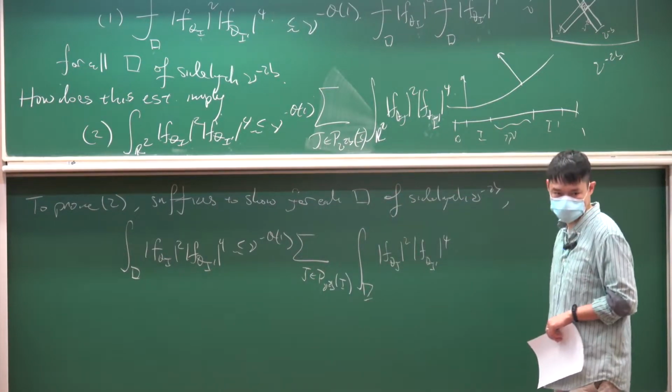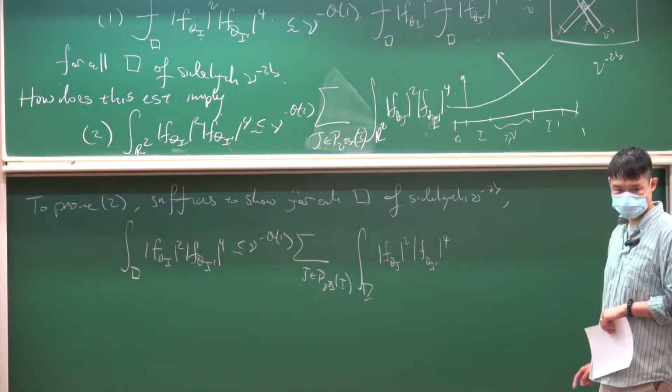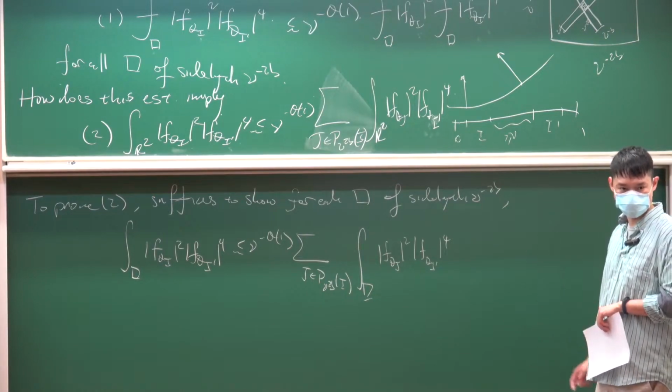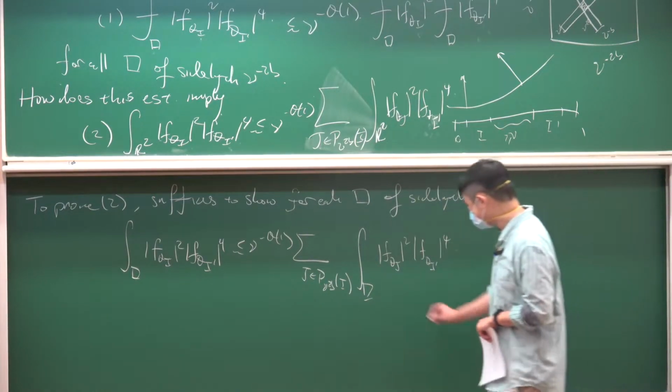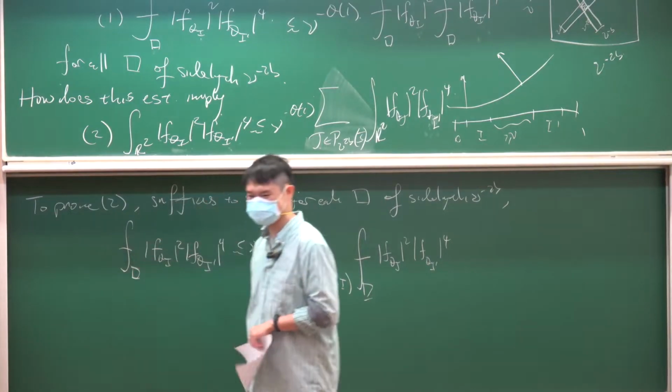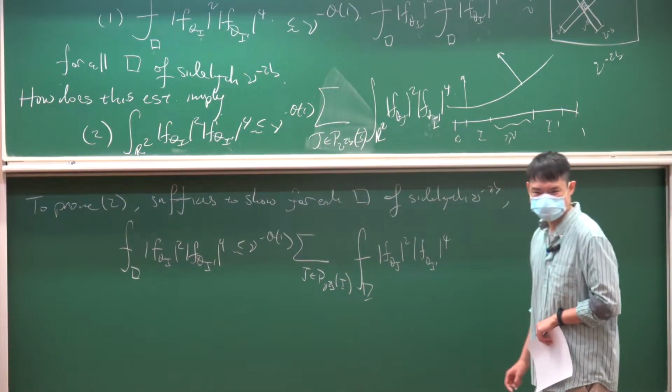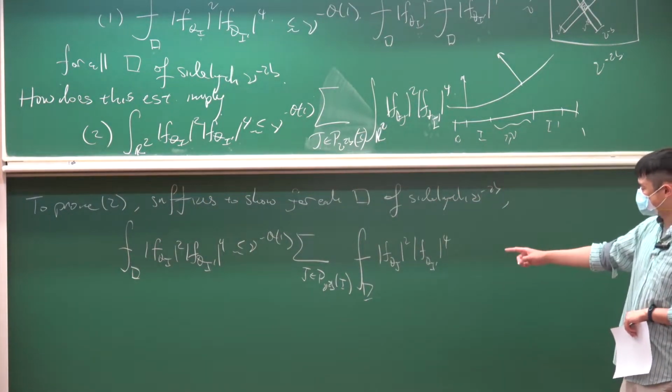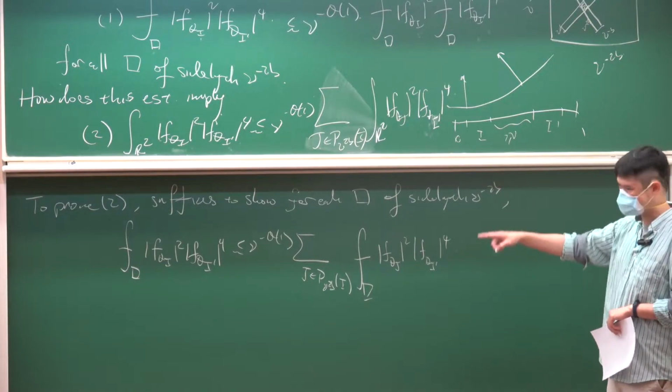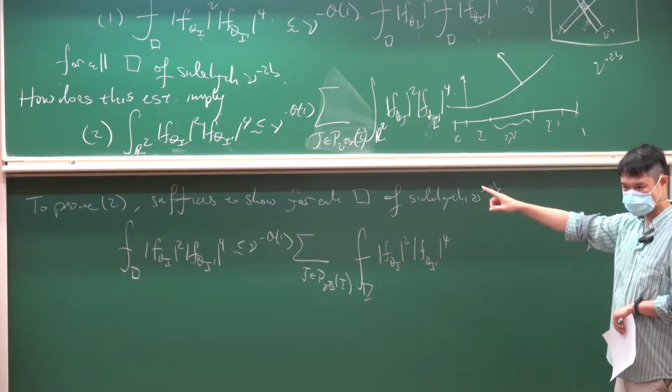It suffices to show this, because once I have that, I just sum both sides in box. And of course, it doesn't hurt if I just average. So if I could prove this, then I get rid of the average, sum in box, and then I get 2.